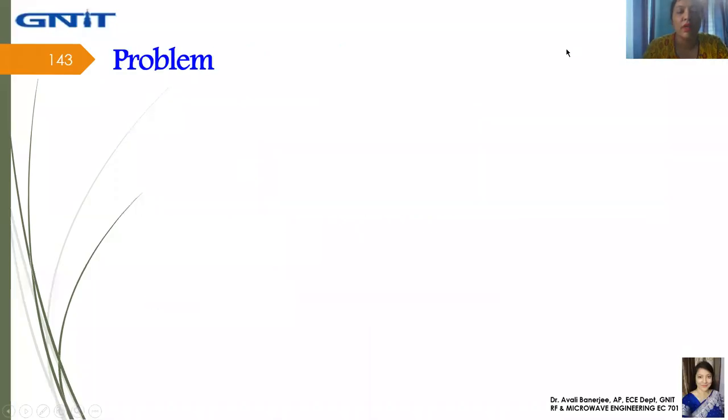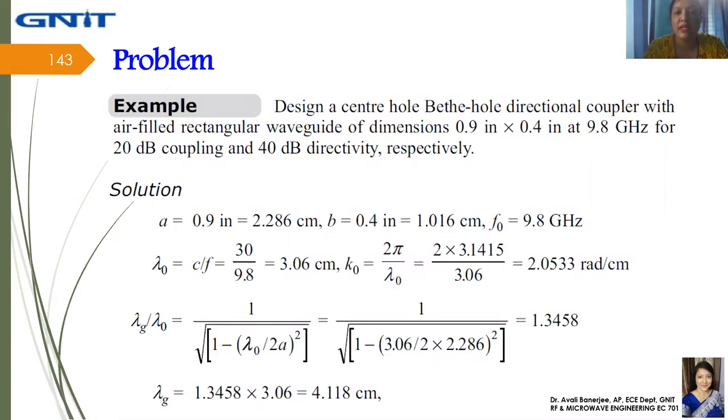Now we will see one numerical: design a center hole Bethe hole directional coupler with air-filled rectangular waveguide of dimensions A and B given as 0.9 inch by 0.4 inch at 9.8 gigahertz for 20 dB coupling and 40 dB directivity respectively.